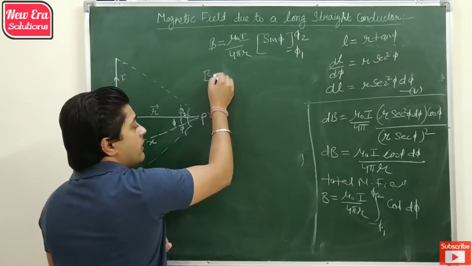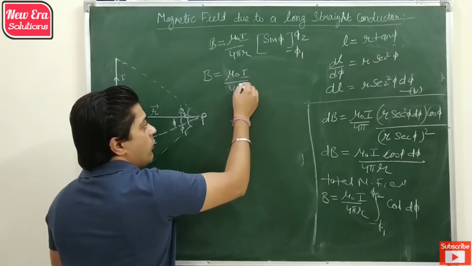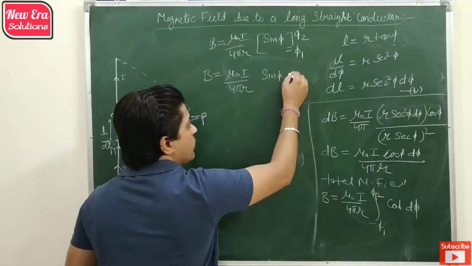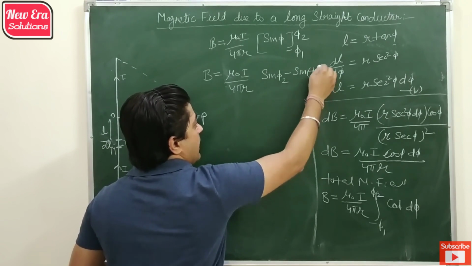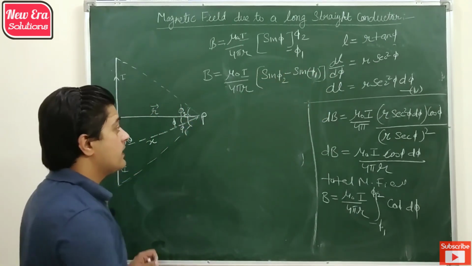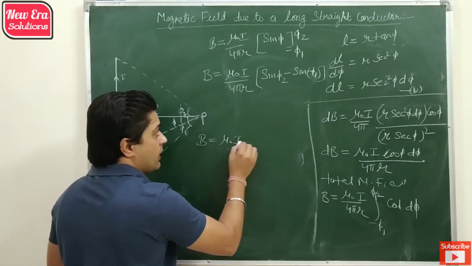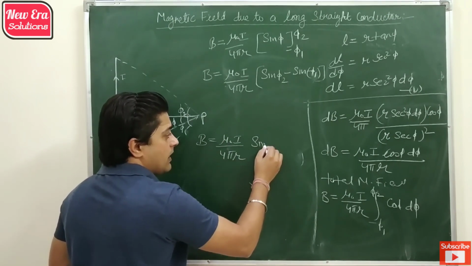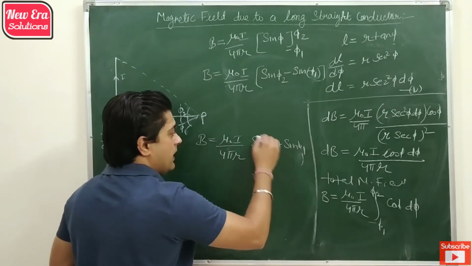By solving the limit we get mu naught I by 4 pi r times sin phi 2 minus sin of minus phi 1. So as we know, sin of minus theta is minus sin theta. So we get B is equal to mu naught I by 4 pi r times sin phi 2 plus sin phi 1.